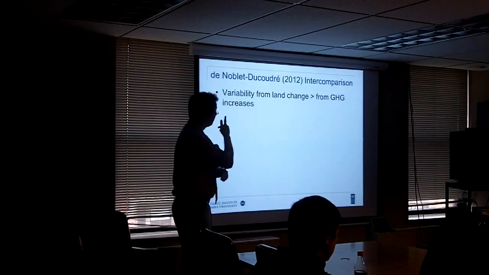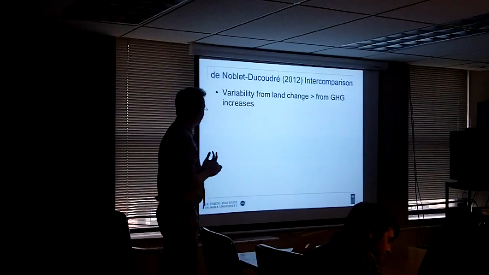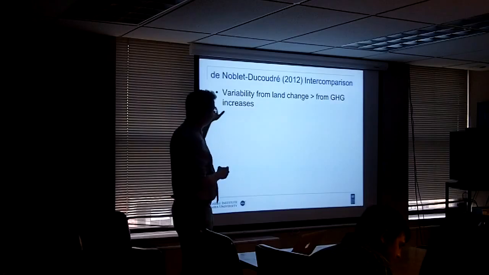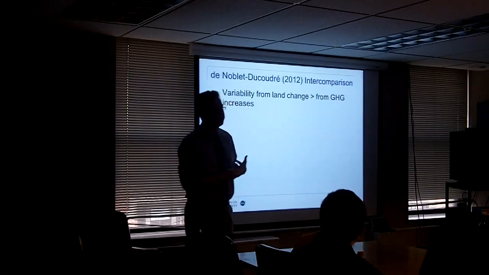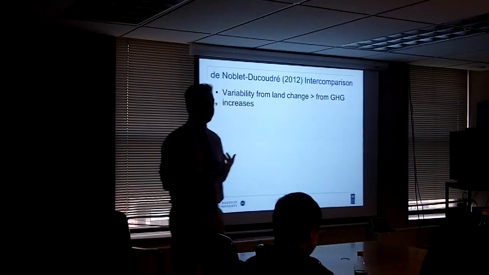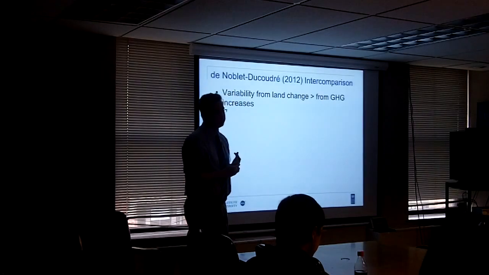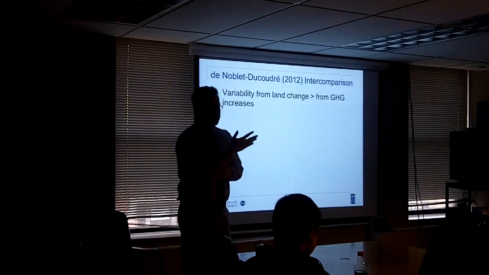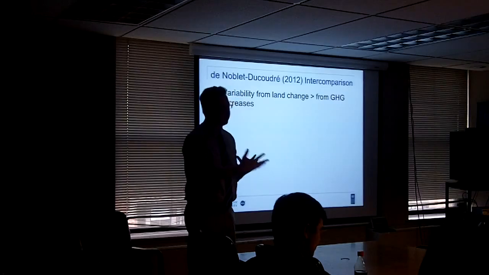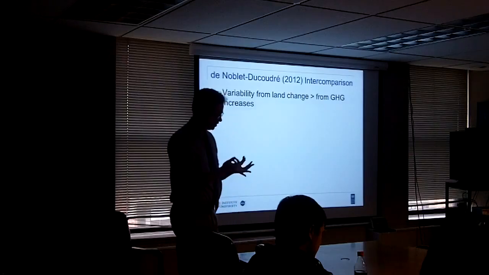So just to summarize the findings from this intercomparison project, they found that the variability from land change among the 7 models was greater than the variability from the greenhouse gas forcings, from the greenhouse gas increases. So the issue here now is that a lot of these climate models are including more land surface processes, so they have dynamic vegetation.